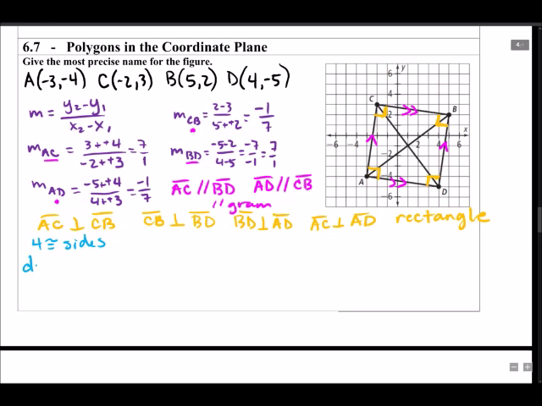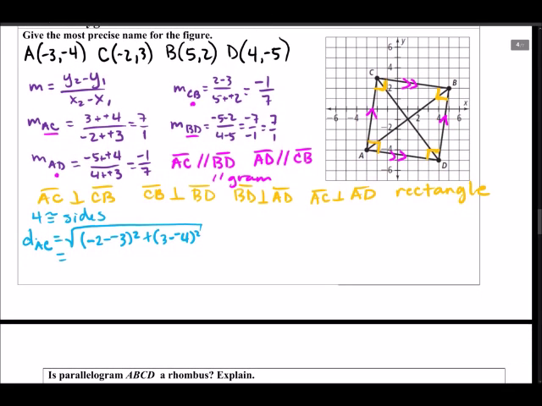Let's look at the length of AC equals the square root of x minus 2 minus -3 squared plus y 3 minus -4 squared. So that is, move this up just a little bit here.